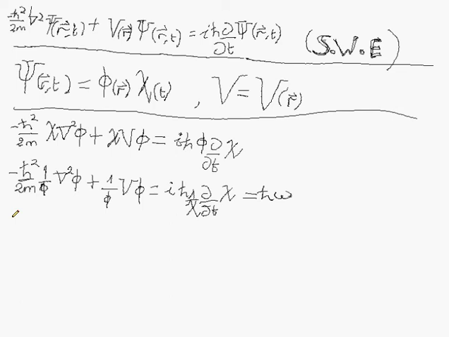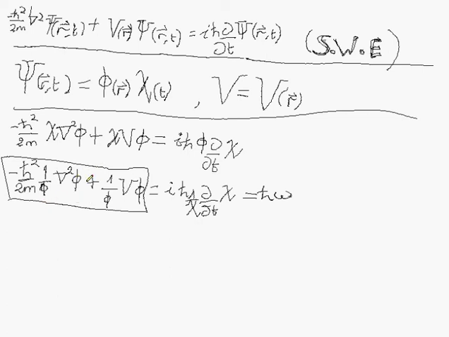Oh yes. Sorry. Now what we're going to say is that this lovely chap here, this is what we were trying to look for. This is the time-independent Schrödinger wave equation.